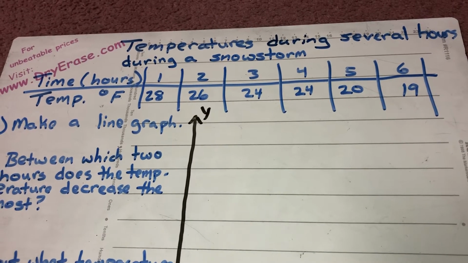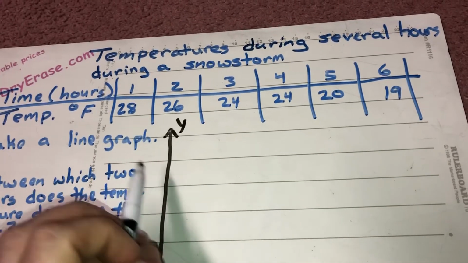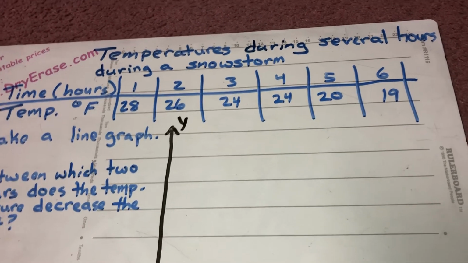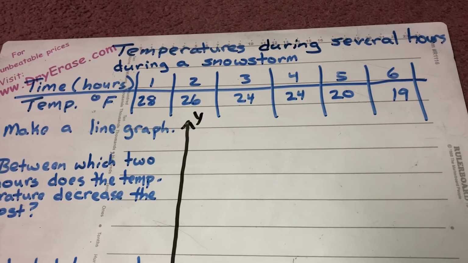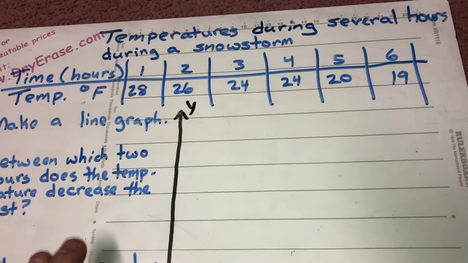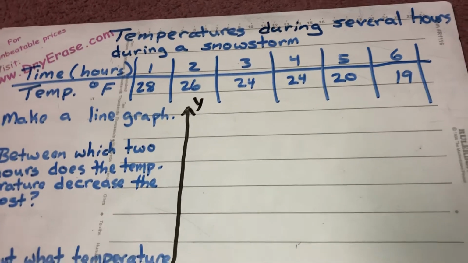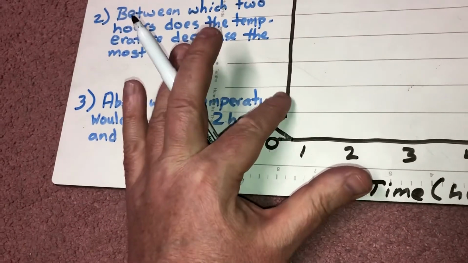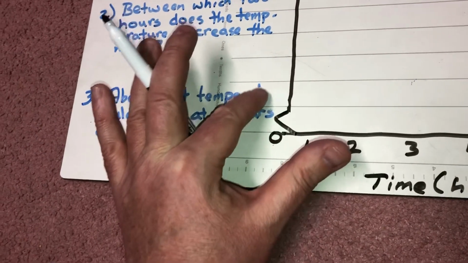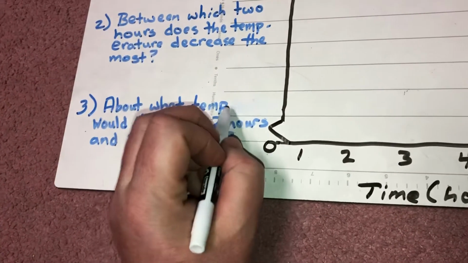So what I do in a situation like this, because everything's going to be up toward the top part of the graph, I make what we call a broken graph, okay? I make a little break in the graph, essentially just like that. I'm going to erase this for that just to be temp. We'll refer to that later.